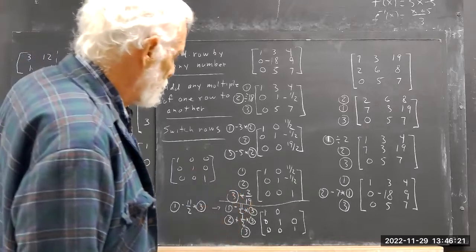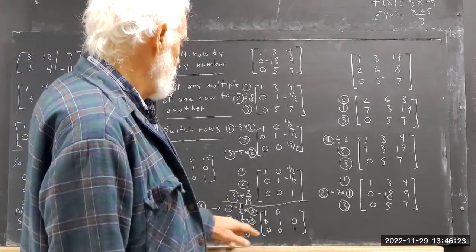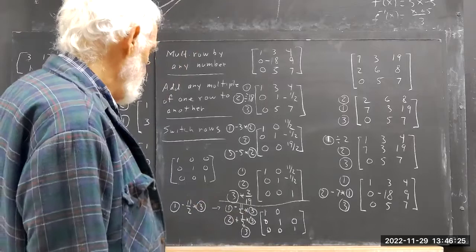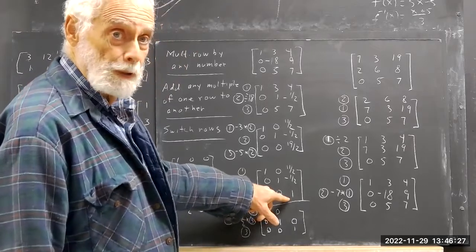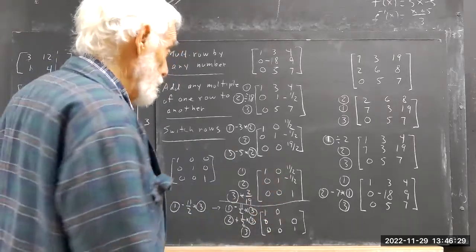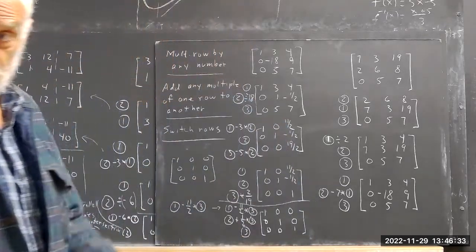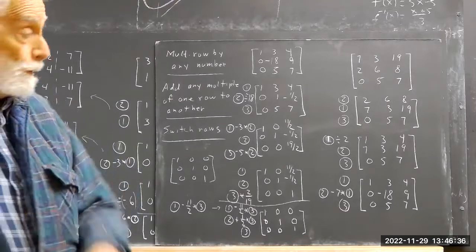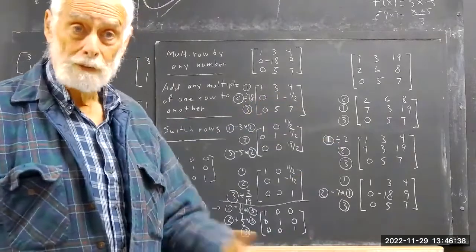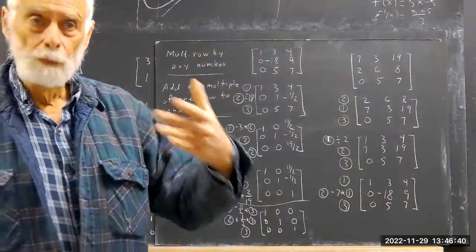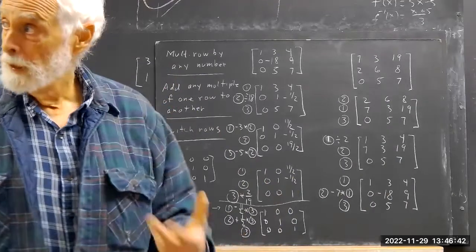And if I do that, well, negative 11/2 times 1 is negative 11/2. I add that to 11/2, I get 0. And there it is. Okay. So it's not that difficult a process. It's the same operations we looked at earlier.